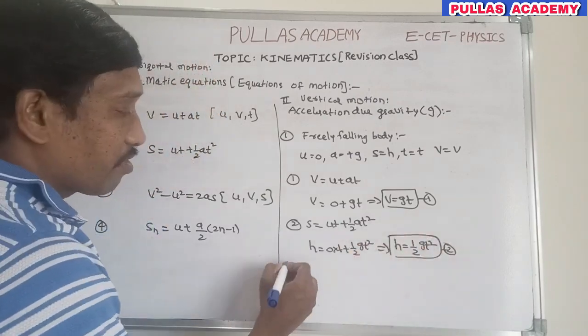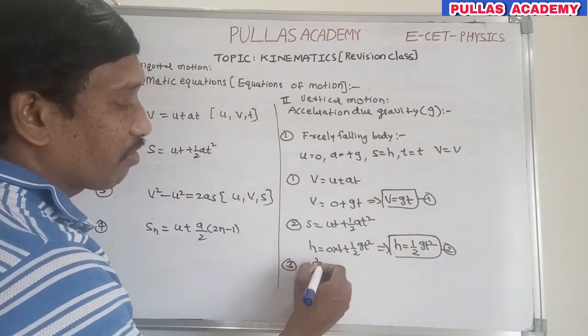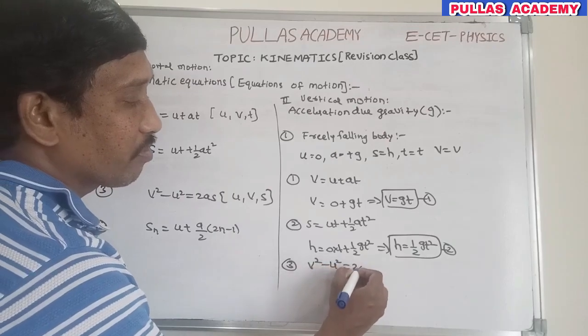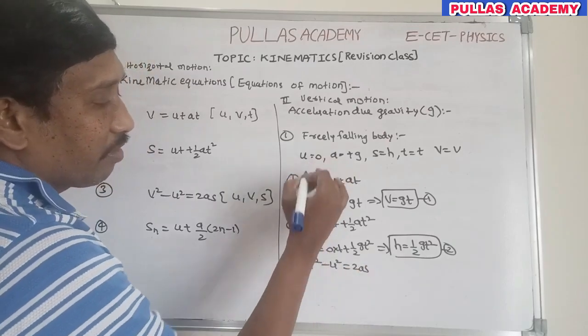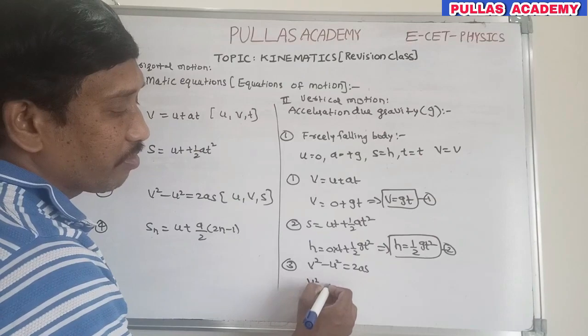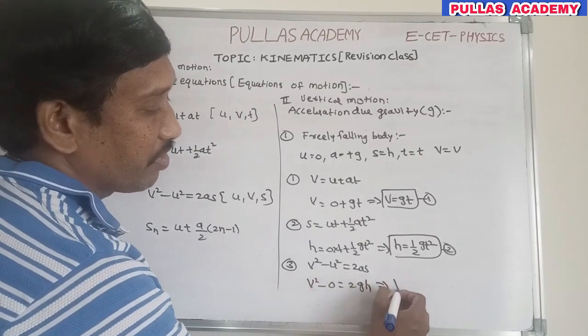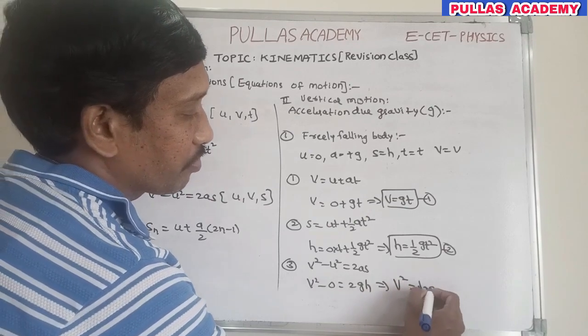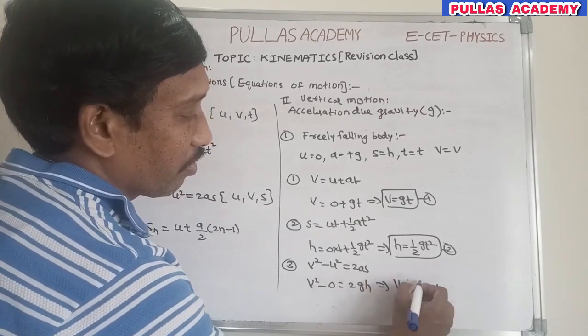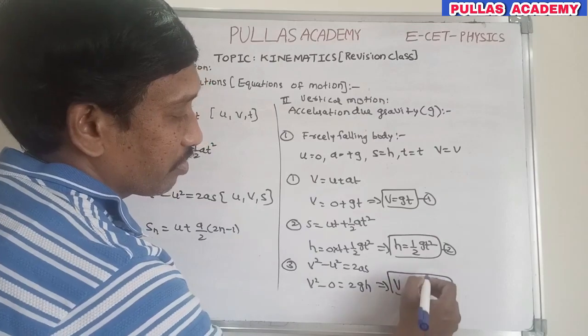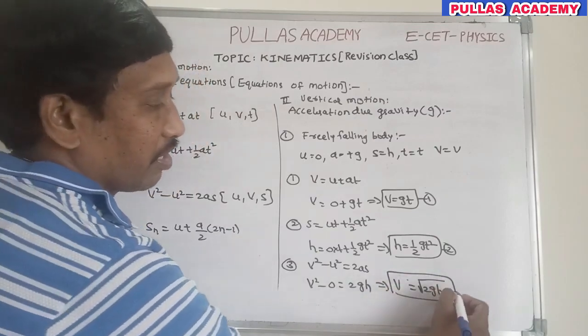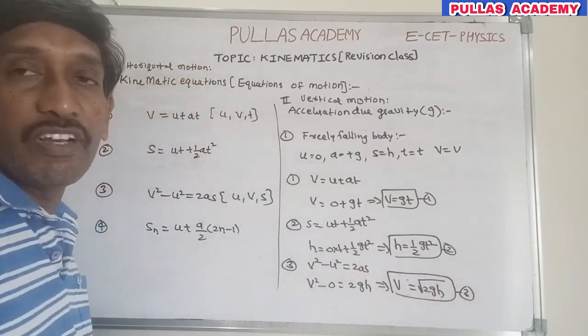Next, the third kinematic equation, v² − u² = 2as. Here u = 0, a = g, s = h. So v² = 2gh, that is v = √(2gh). This is the third kinematic equation for free fall.